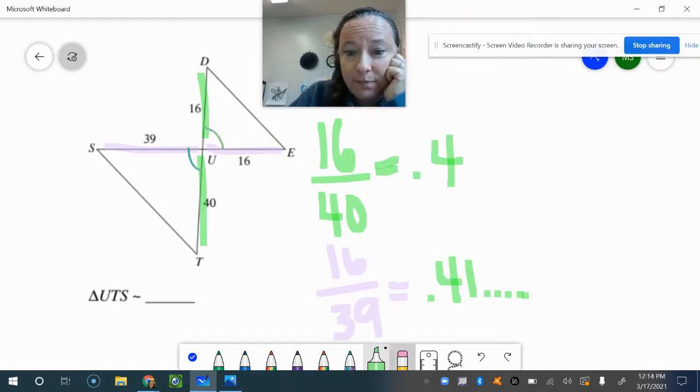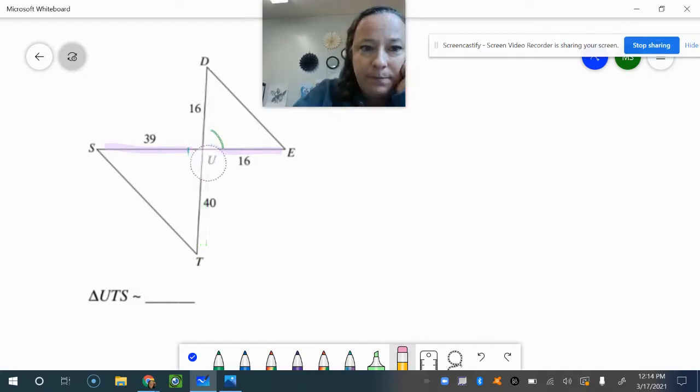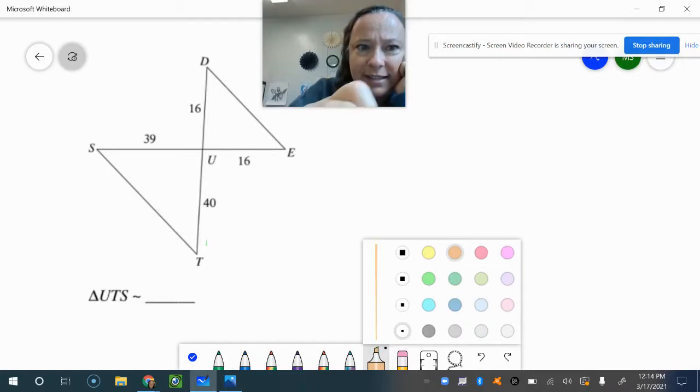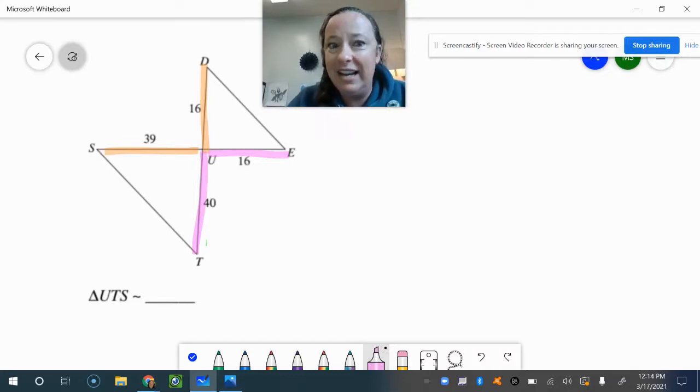So then I need to try to change this up. Well, let's try 16 over 39 and 16 over 40. And guys, it's going to be the same thing. It's not going to work because those 16s are the same.